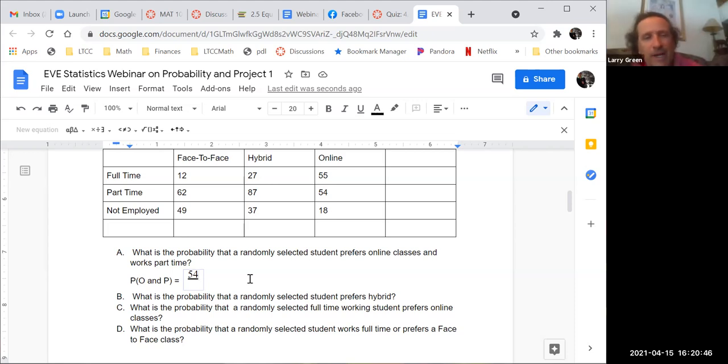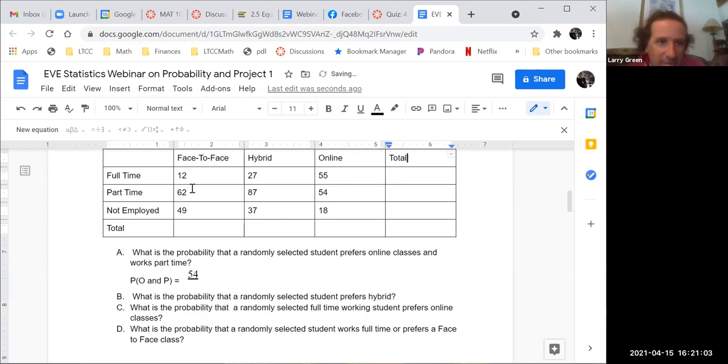And I don't know if you noticed, but notice that there's a blank row and a blank column at the ends. That wasn't an accident. I'm going to put total, and total. So let's get the totals. 12 plus 62 is 74. 74 plus 49 is 123.